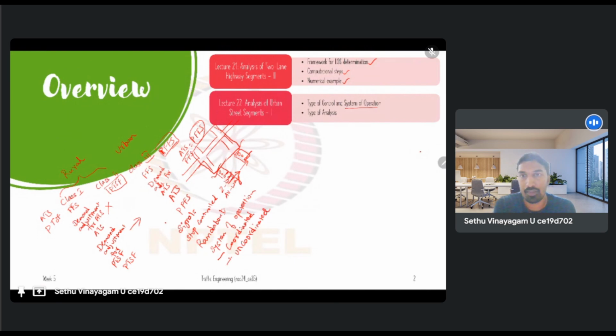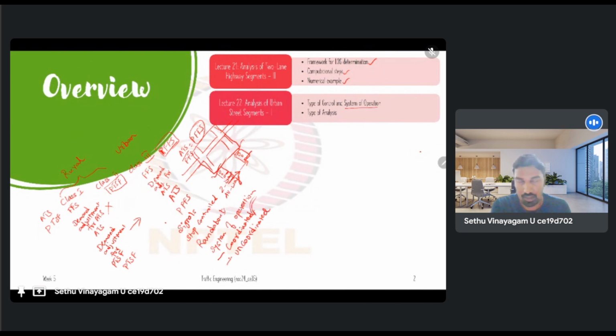So the signal timings are set in such a way that the vehicles will get a through movement without having to stop at multiple intersections, right? So they can pass through multiple signals at a stretch without having to wait at each one. So that's the coordinated operation.